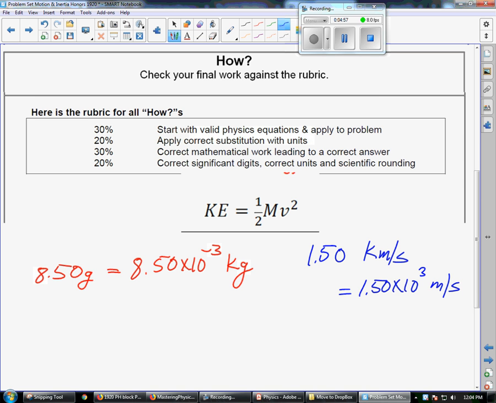So we're going the opposite way. Now if I use kilograms and meters per second in my equation, I'm going to end up with the base unit of energy, which is joules.